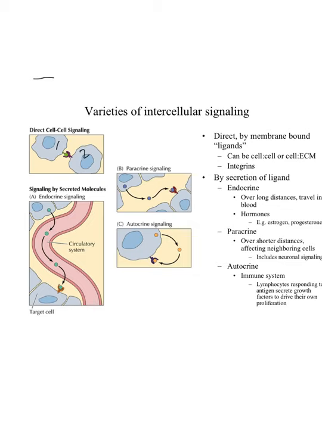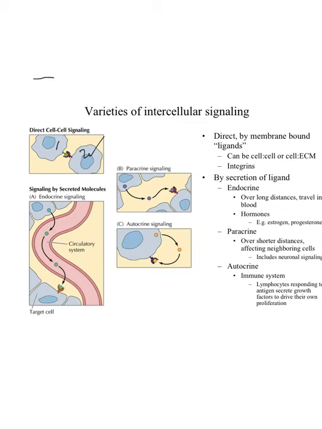When these two cells are in proximity to each other, the ligand and receptor can engage, and that allows signaling to happen in sometimes both cells, but certainly in that second cell that is expressing that receptor. So in direct signaling, the ligand is never released from the ligand-producing cell. It's not secreted, it's simply anchored at the cell surface, and it interacts in that context with its receptor on another cell.